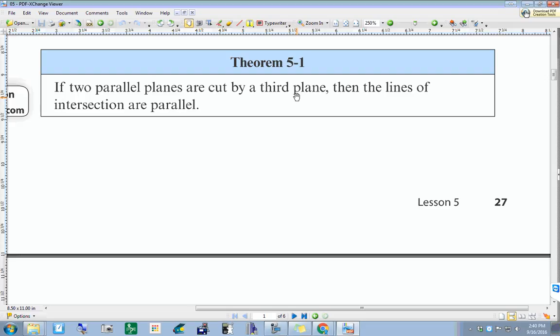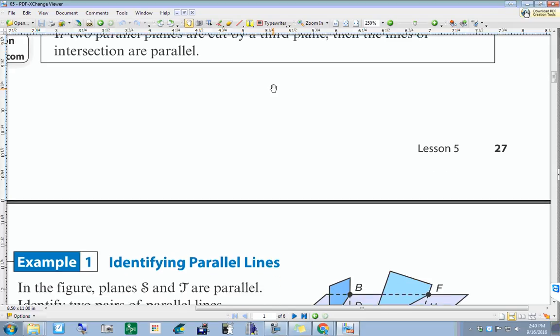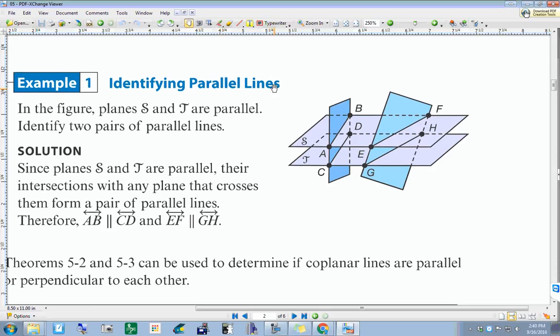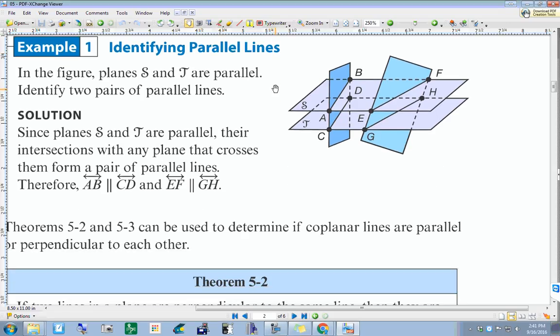It's always kind of hard to visualize these things. That's why I put things in terms of a box or a room. So, looking at this, there's a lot of stuff there, right? But I've got plane S and plane T, and this lighter blue plane cutting through here.